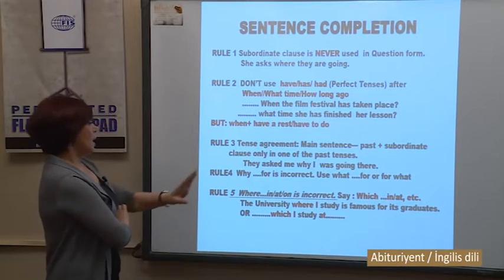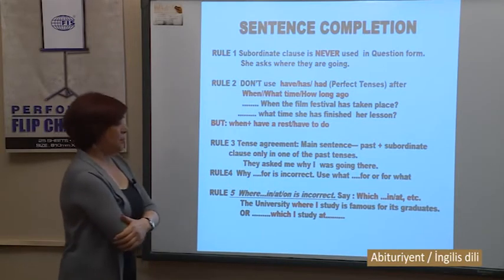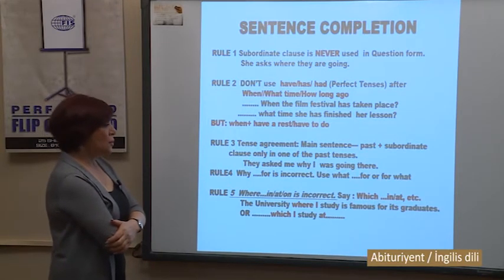So again, I would like to note that if our subordinate clause states facts or something generally true, we don't use the past, we use the present. For example, they asked me why I was going there, and we can't say they asked me why I am going there, or why I want to go there, or why I must go there.